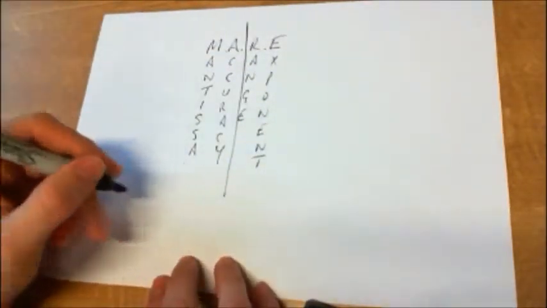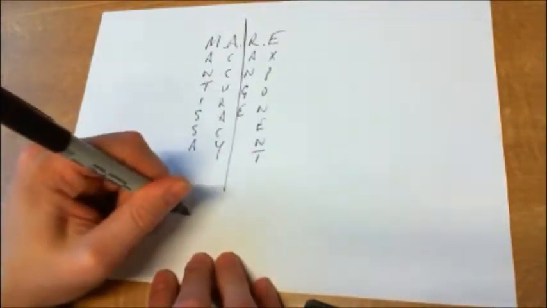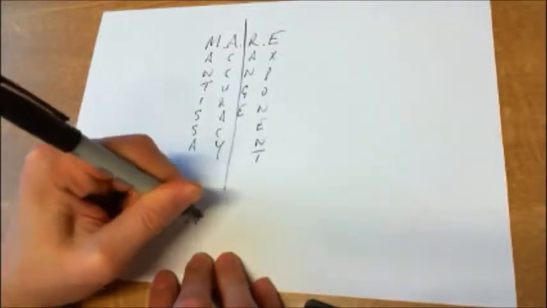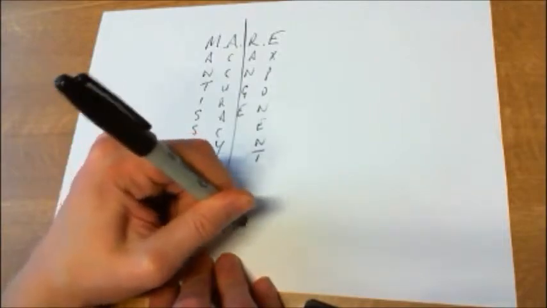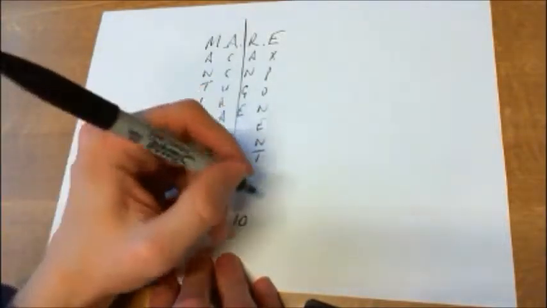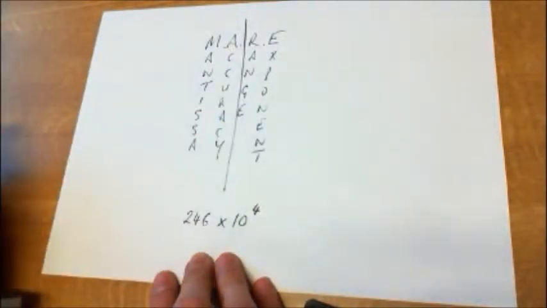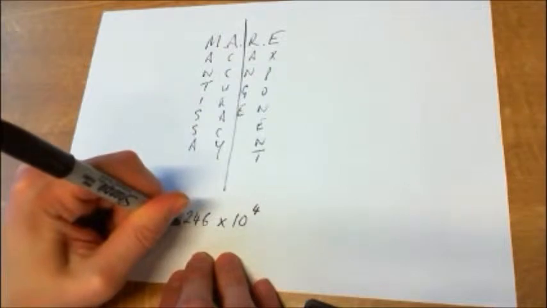Now here's an example of a decimal mantissa and exponent. So the mantissa could be 246 times 10, because it's base 10, to the power of the exponent, so that is 4, for example. Now there's a decimal point at the start there, don't forget that.